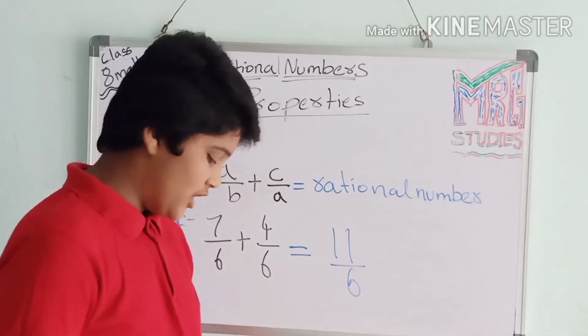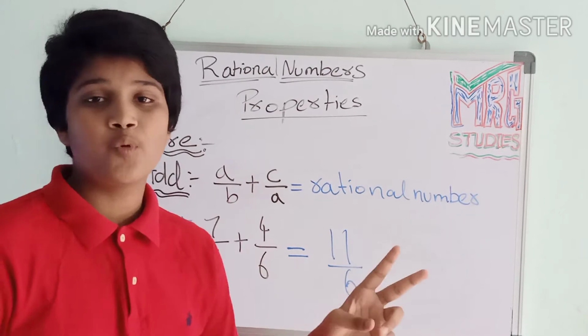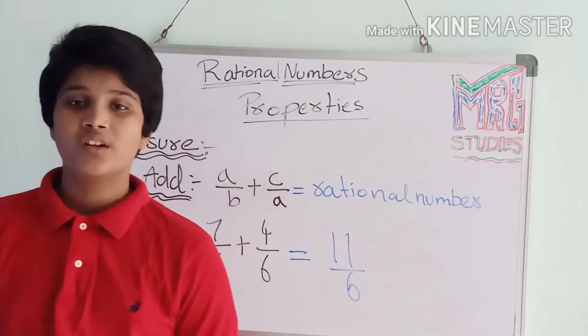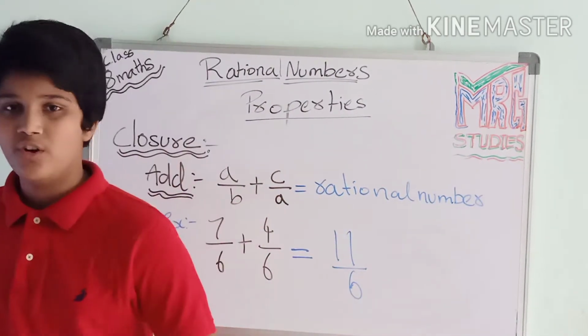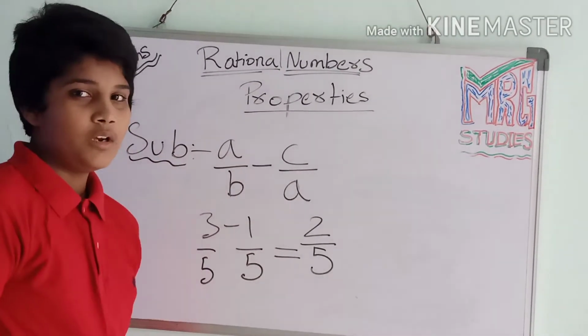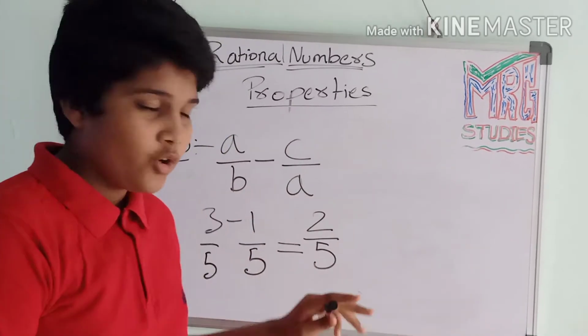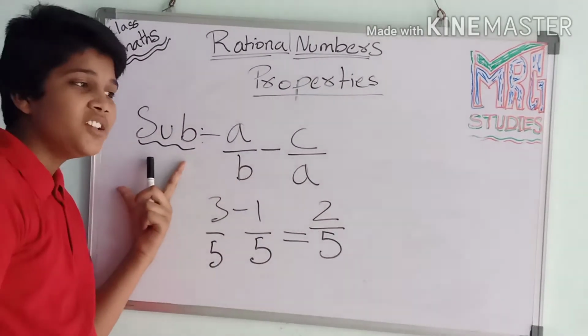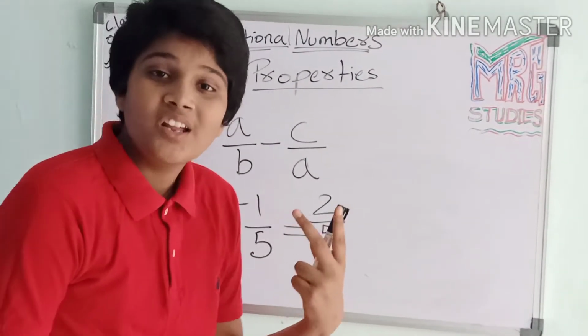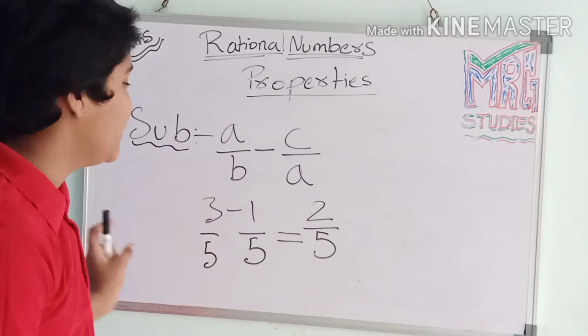Now I am going to tell you the second property, the commutative property. Before that, we should see that this closure property is applicable in subtraction, multiplication and division.